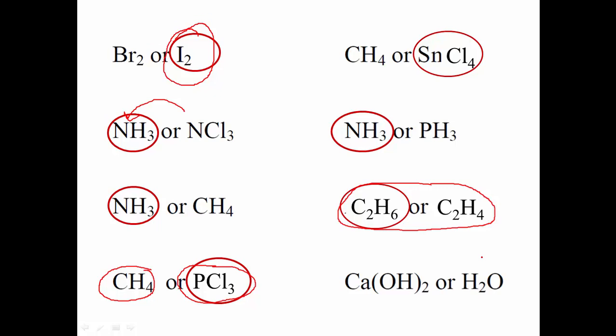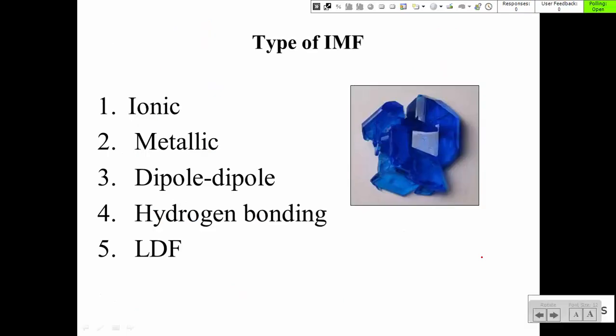And down at the bottom, water can hydrogen bond, but calcium hydroxide is ionic. So you can pause yourself on these and make your own decisions.